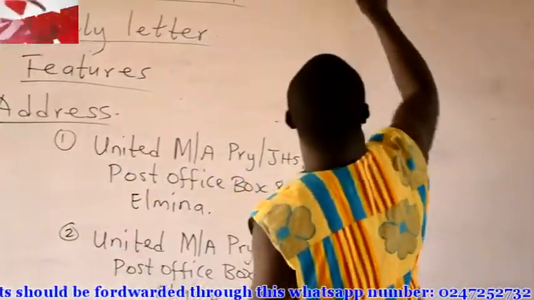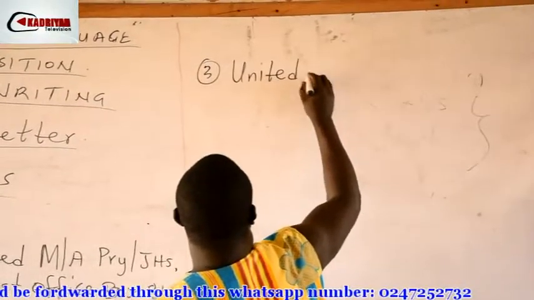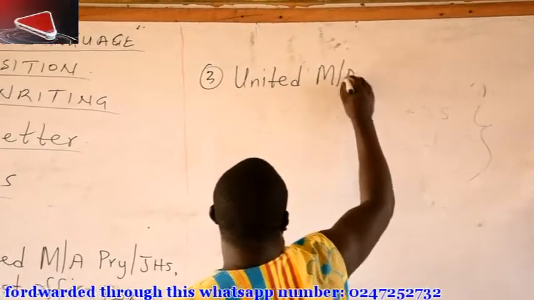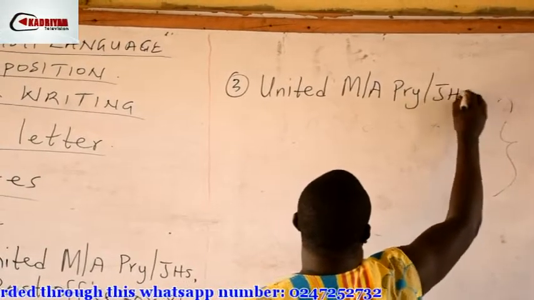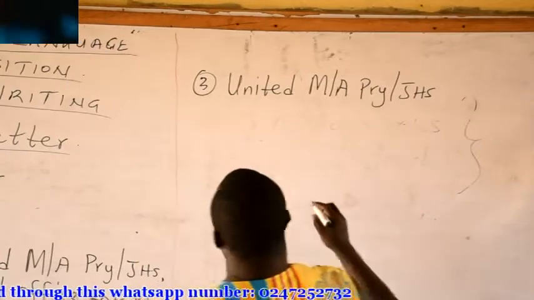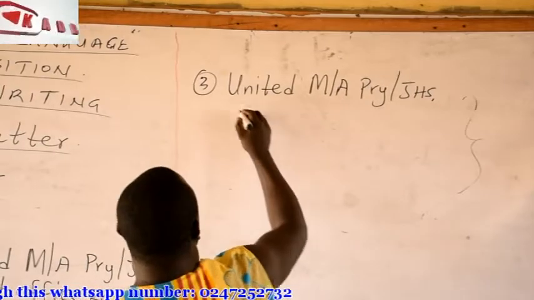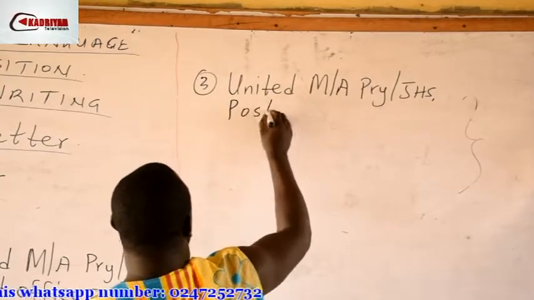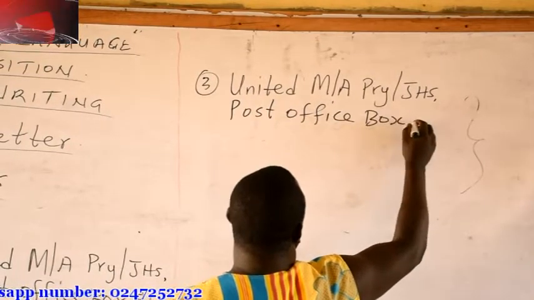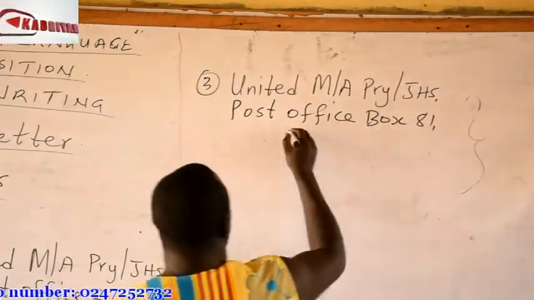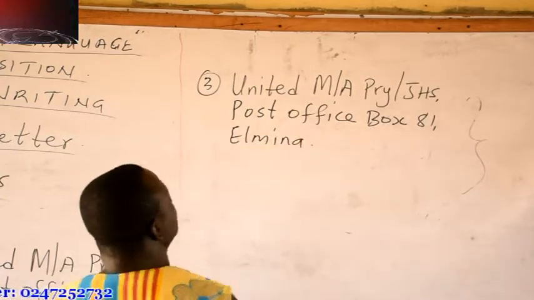So you can write United, M.A. Primary J.H.S. You can choose to punctuate it, comma, then you bring it here, post, like this.